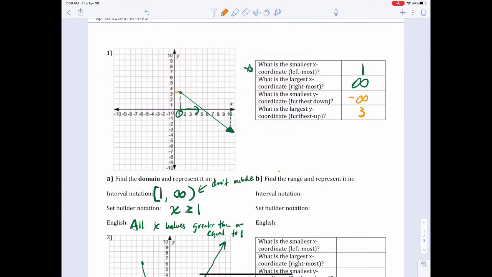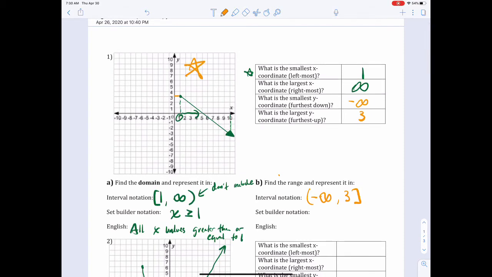All right, let's do our range. Interval notation. You guys try that out. Pause the video. You'll get negative infinity, open parentheses, to 3, close parentheses. It's open because we can never get to negative infinity. Set builder notation. Well, if you look at the graph, where are our y values? Are our y values up here?